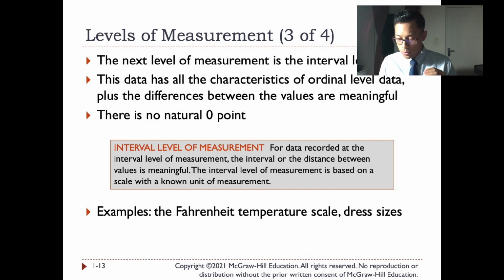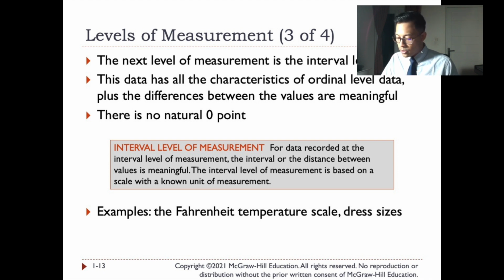Now we're going to go through the third one, which is the interval level. This data has all the characteristics of ordinal level data. In addition, the differences between the values are meaningful. However, we must note that there is no natural 0 point.